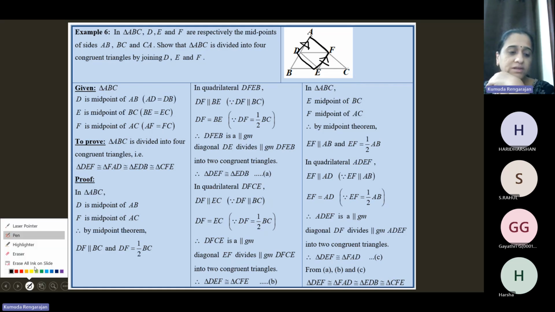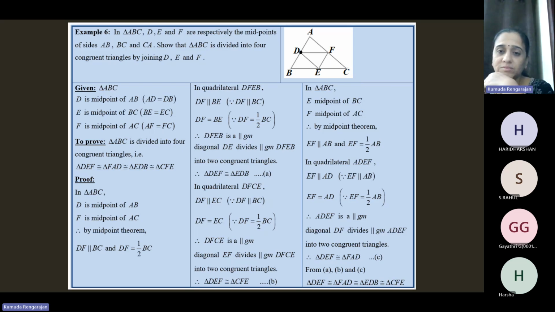If you use D and E as the midpoints, you will get this one parallel to this one, and this parallel to this one, and this one equal to this one. You will get the other pair of opposite sides parallel and equal. So you can use D and E or E and F, whatever.